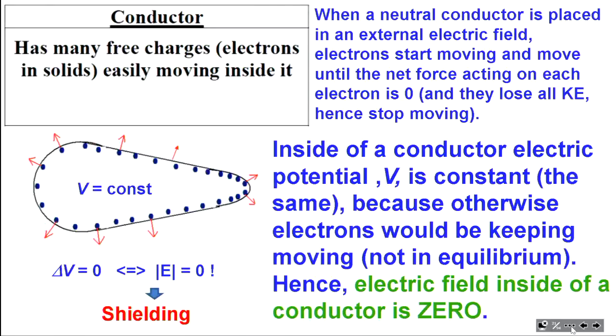We don't see anything here because we cannot see electrons, but they really move away. And the same is happening here. This is the new equilibrium. We know now more electrons should be below than above, but I don't touch it, so it still remains neutral.